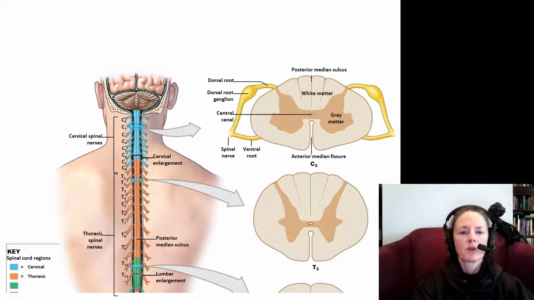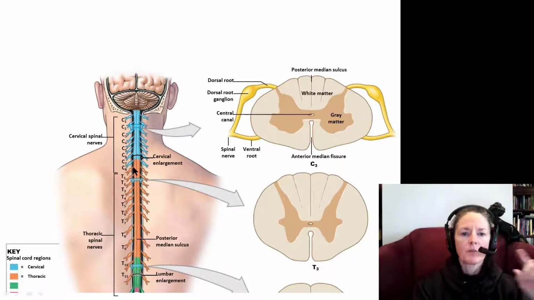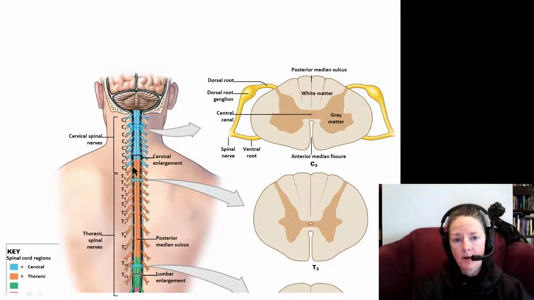So the nerve roots of spinal segments C1 through C7 come out above their corresponding vertebrae. C1 segment nerve roots come out above the atlas. C2 segment nerve roots come out above the axis. C7 nerve roots come out above the C7 vertebra. The C8 segment nerve roots come out below the C7 vertebra.